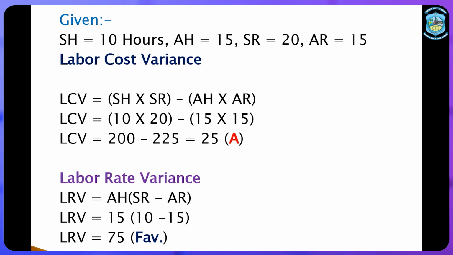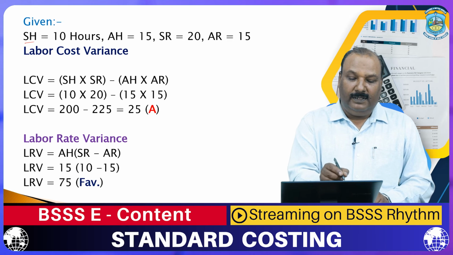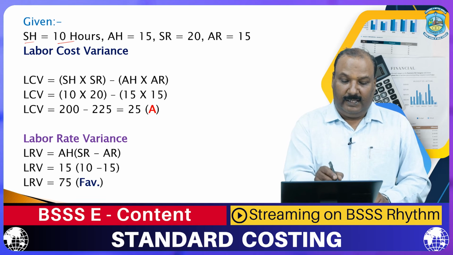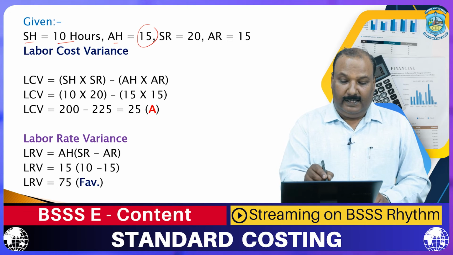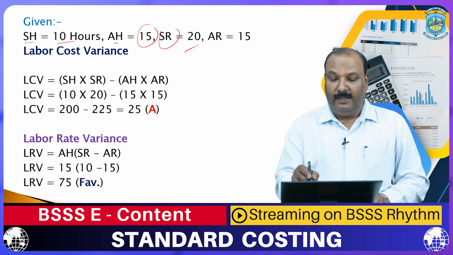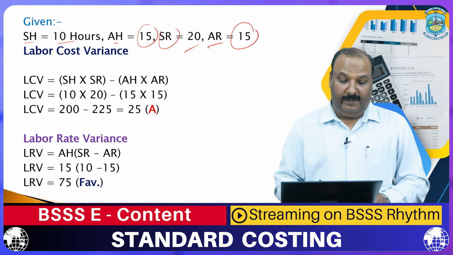Here we have the solution, how we will solve. According to the information given in the question, standard hours is 10, actual hours is 15, standard rate is 20, actual rate is 15.